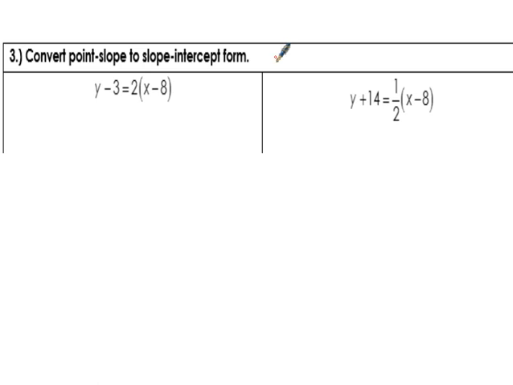It is y equals mx plus b. So if we put this in the format of y equals mx plus b, you are literally solving for y. So in order to solve for y, always first step, eliminate any of your grouping symbols by distributing. So y minus 3, we're going to distribute, get rid of the 2 on the outside there, 2x minus 16.